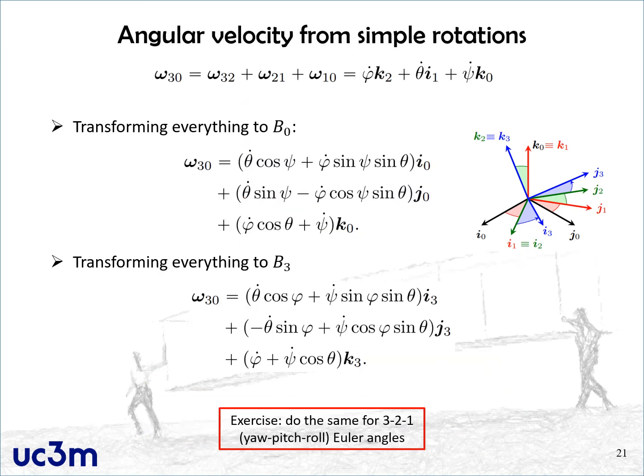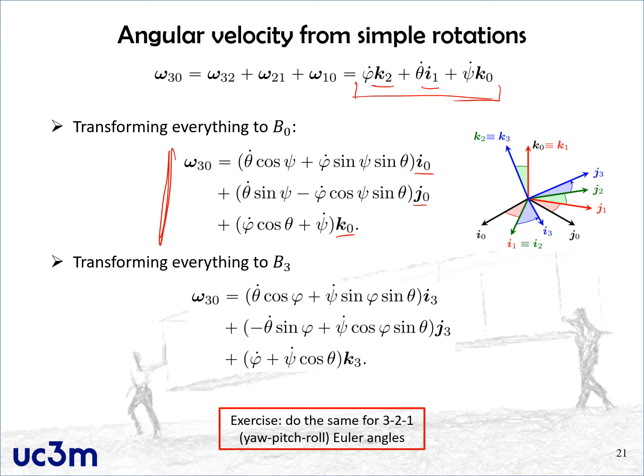So this is what we do in this slide. This is the result from the previous slide. If you use the expressions to convert k2 and i1 into vectors of basis 0, eventually you will get this result. This is the expression of omega 3,0 expressed in vector basis 0.